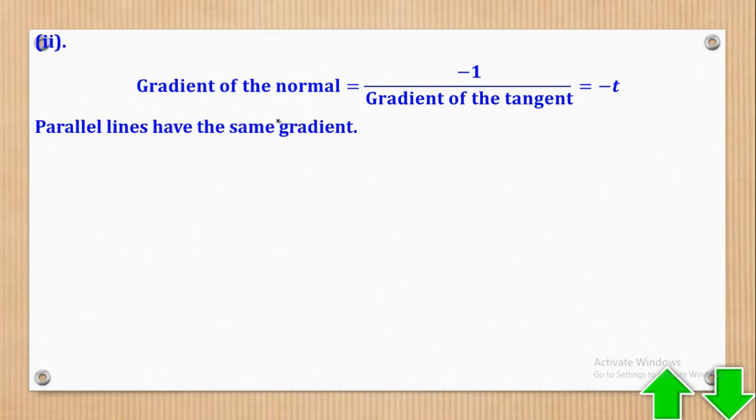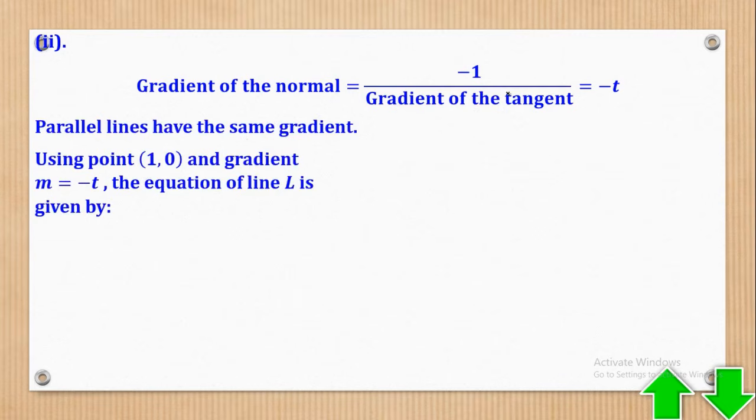Now since parallel lines have the same gradient, the gradient of line L is also equal to negative t. Now using this point, because they told us the line L passes through this point, and you have got that it has a gradient negative t, we can easily get the equation of line L. So cross multiply and make y the subject.